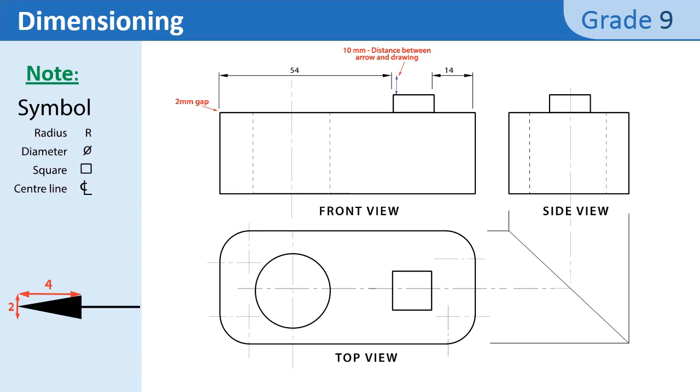For any vertical measurement, it will be done in such a way that the numbers are to be read from the right. Here also, there is a vertical measurement, and the number 30 will be read from the right.